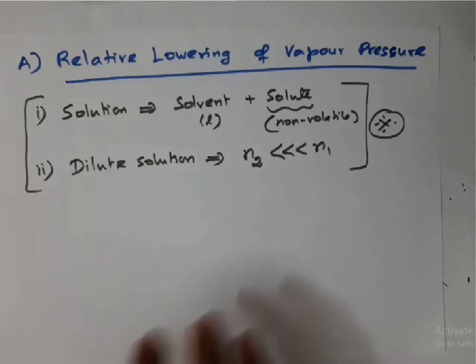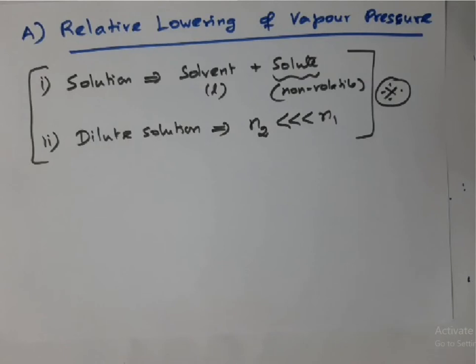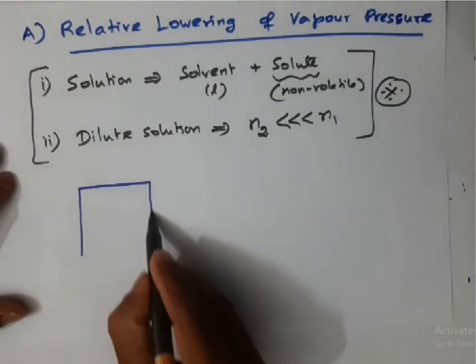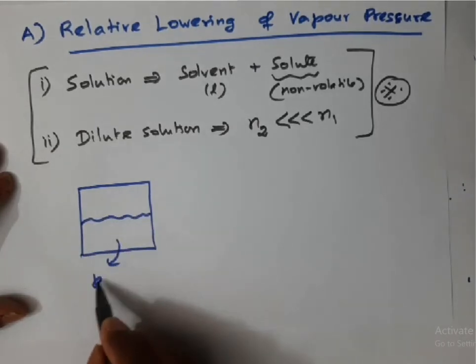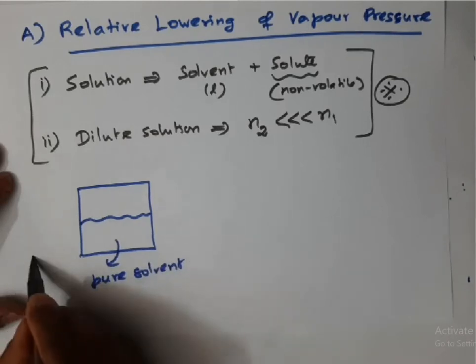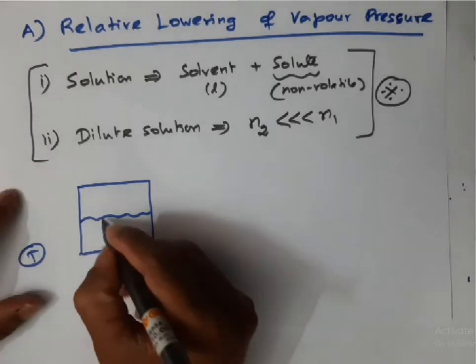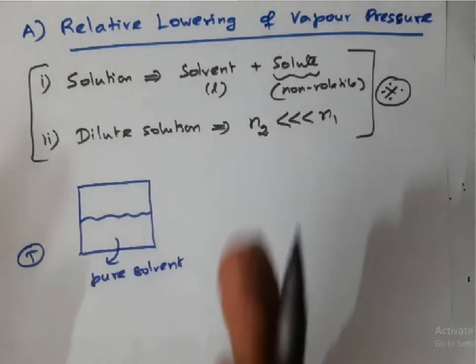Now let us start with the relative lowering of vapor pressure. First, I'll take a pure solvent in a closed container at some temperature T. Evaporation will occur first, then condensation, then you will reach equilibrium.